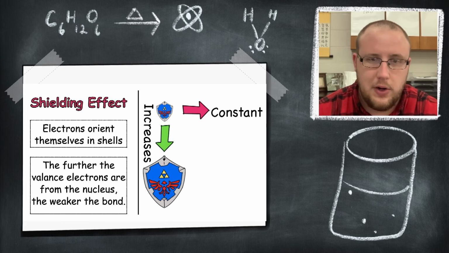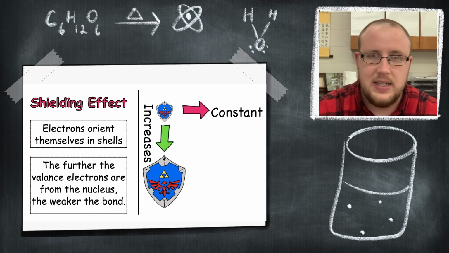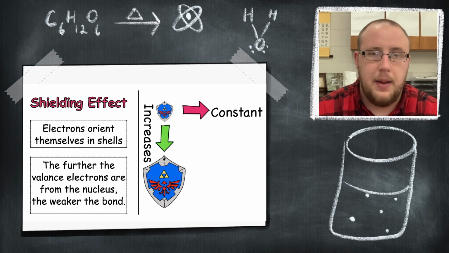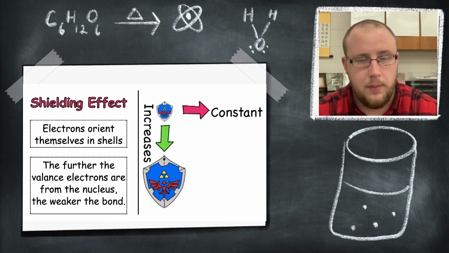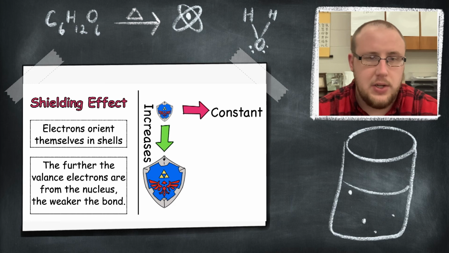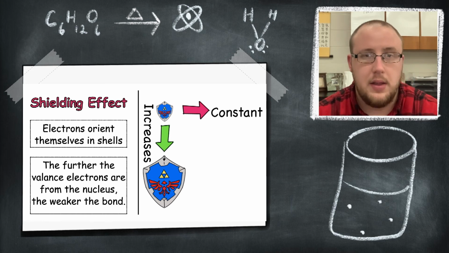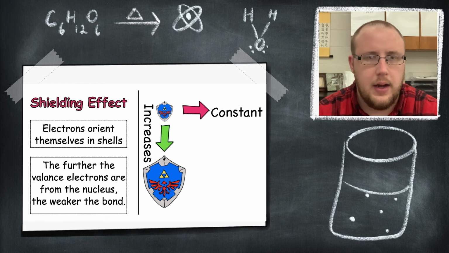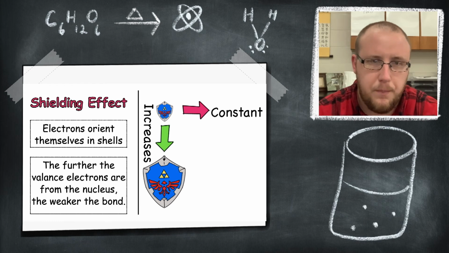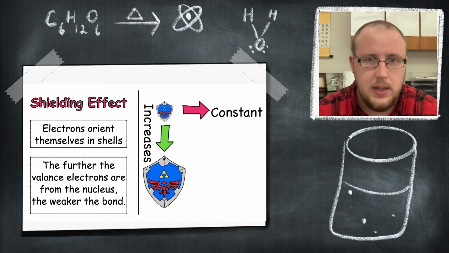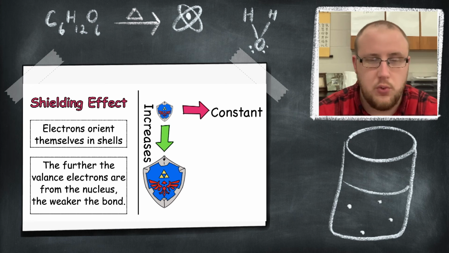So the more layers there are in between, not only does it separate the valence layer by making it physically farther away from the nucleus, but also there's more electrons and different things in between the valence layer, the outermost layer, and your protons or nucleus. Since there's more stuff in between it, it makes the attractive forces between them weaker.